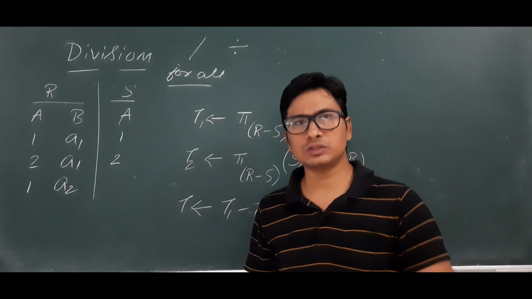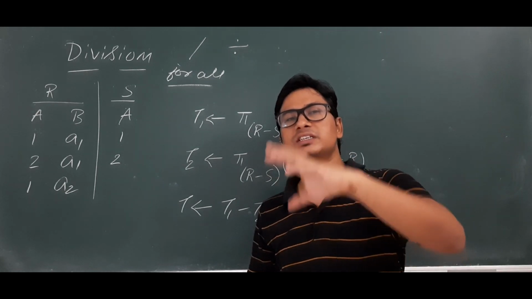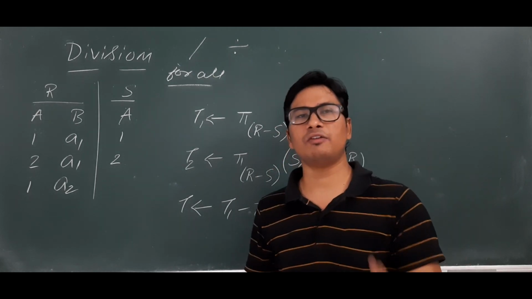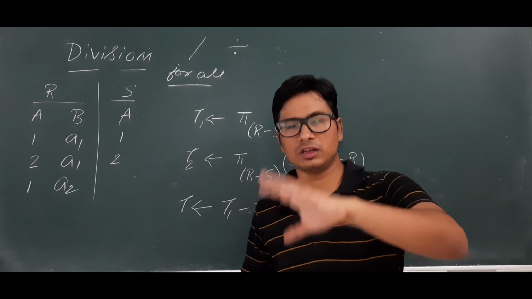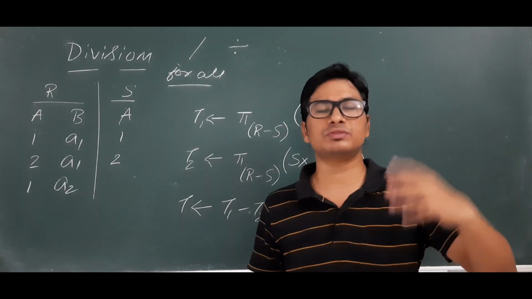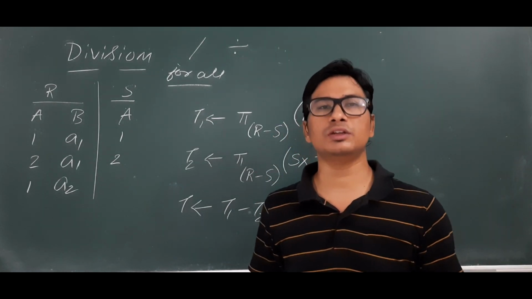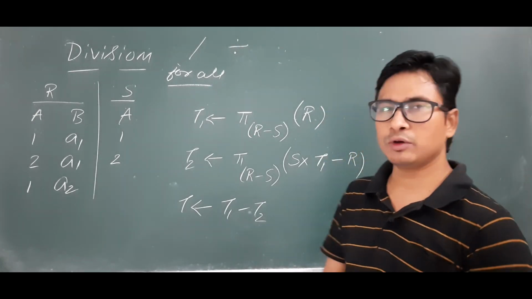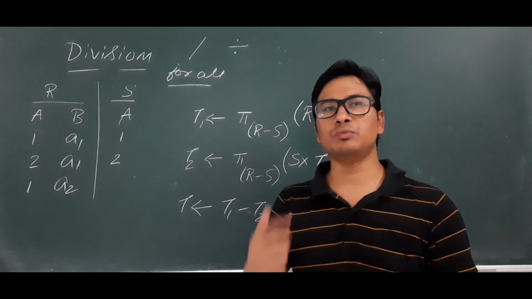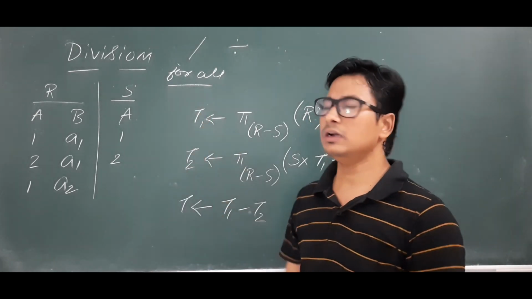Or who are the students who have got S grade in all the subjects? Whenever I want to retrieve some information for all something, I will use the division operator. I hope you have understood the motivation for learning the division operator.